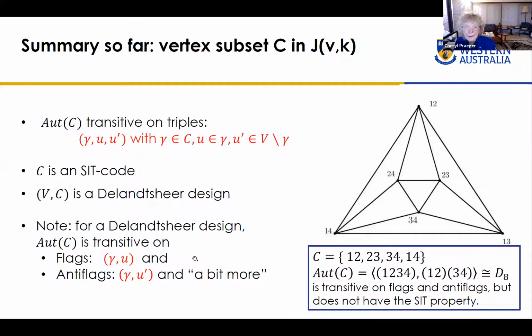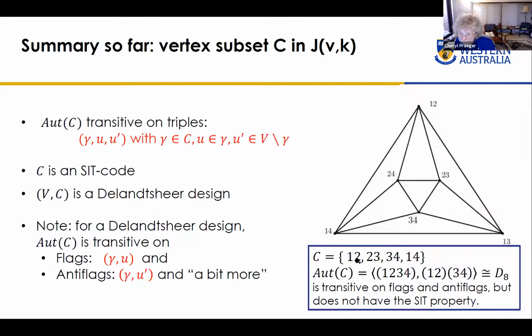And of course, Anne noticed that this property was strictly stronger than flags and anti-flags because of her two exceptional examples. And we can find another exceptional example inside of this tiny Johnson graph that I've drawn here.